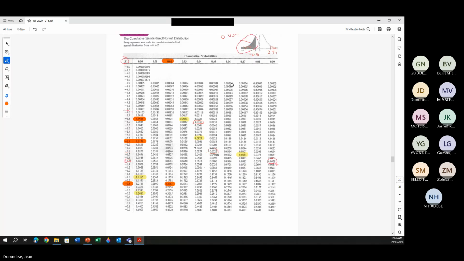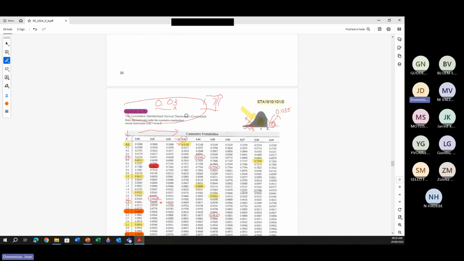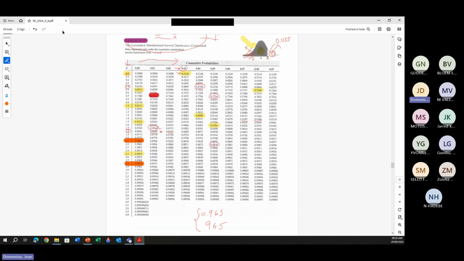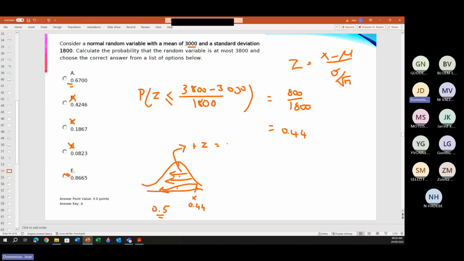Okay, so let's go to the positive one. Z equal to 0.44. Okay, you can see I have used this at some point. 0.44, 0.67. So Z equal to 0.44, and the probability is 0.67, which is option A.